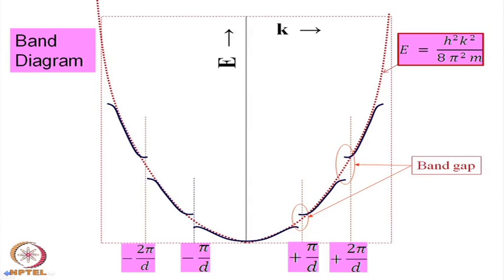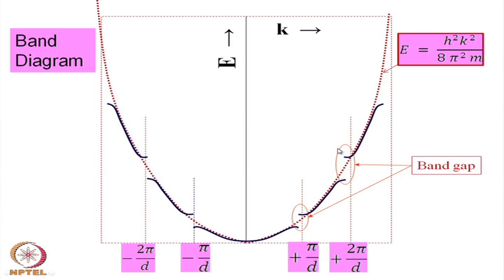These regions where continuous, or quasi-continuous, energy levels are available are called zones, and a particular name has been given to them: Brillouin zones. So, the first level of continuous energy levels in this picture is called the first Brillouin zone, then the second Brillouin zone, the third Brillouin zone, and so on.